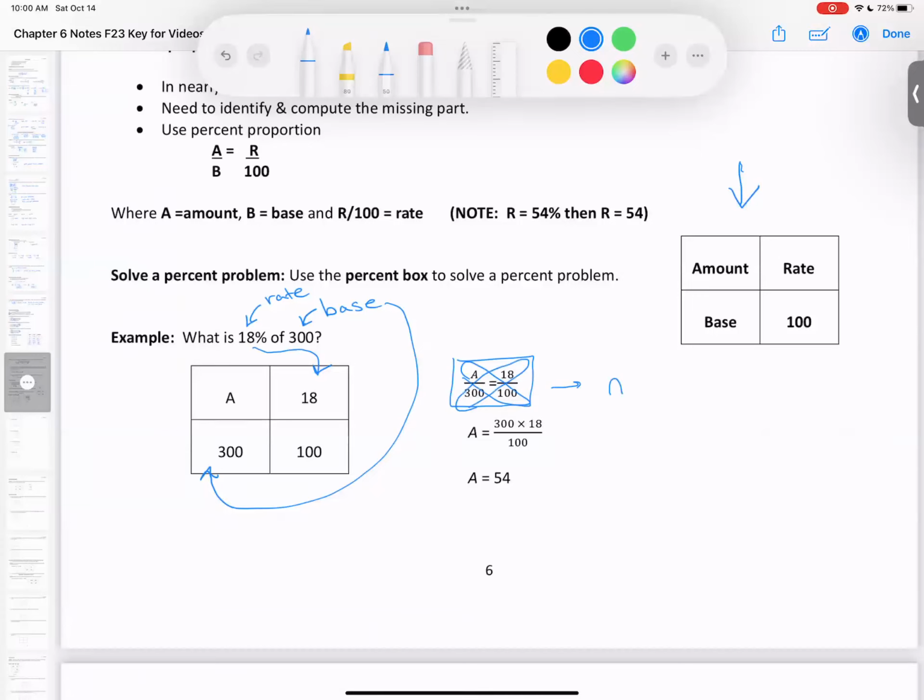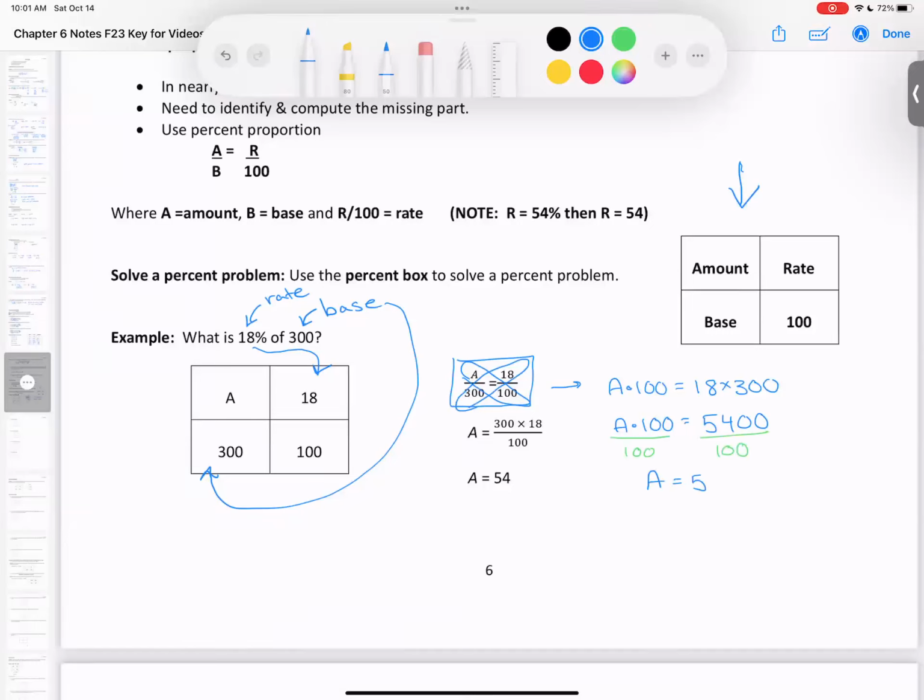So we've got A times 100 equals 18 times 300. Okay, we can do that multiplication. 18 times 300 gives us what? 5,400. And now to isolate that A, we divide both sides by 100, which would give us A equals 54.